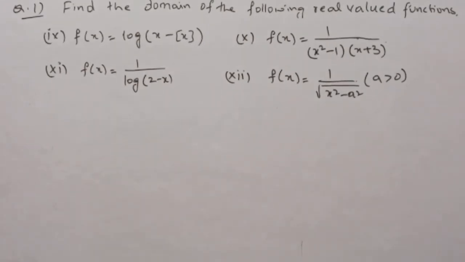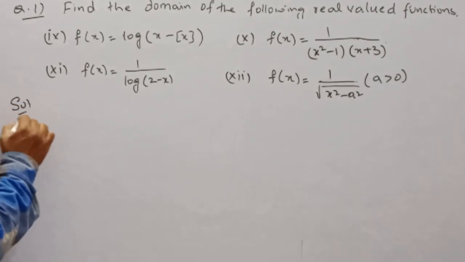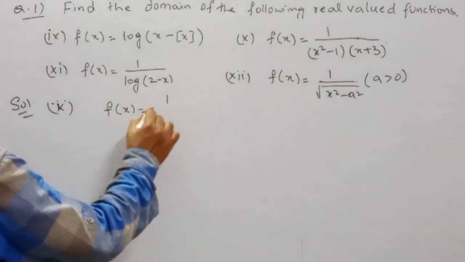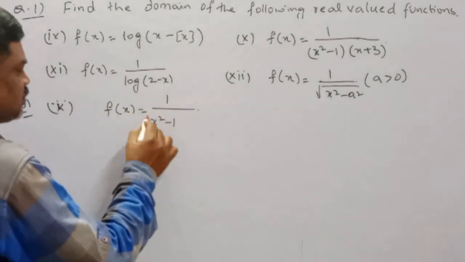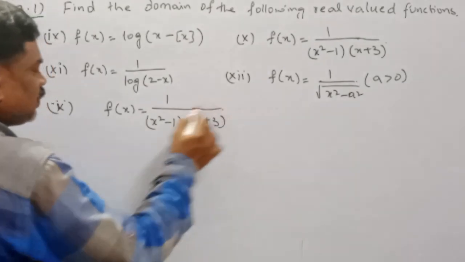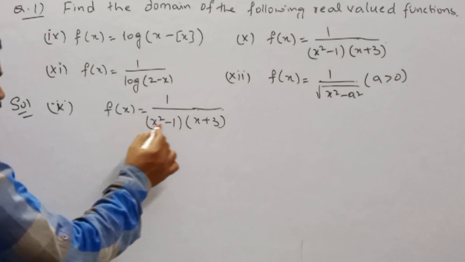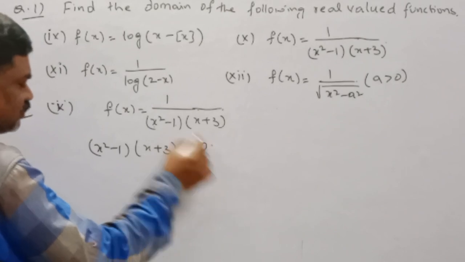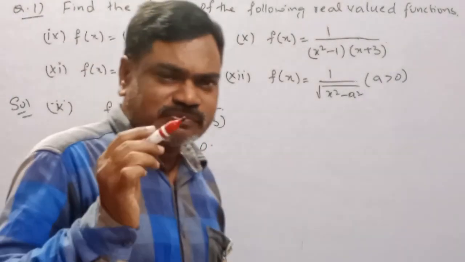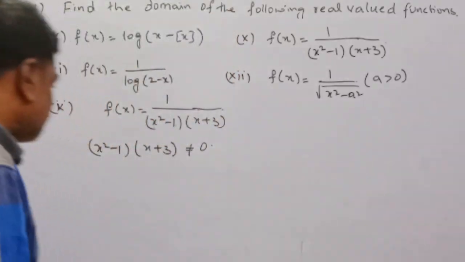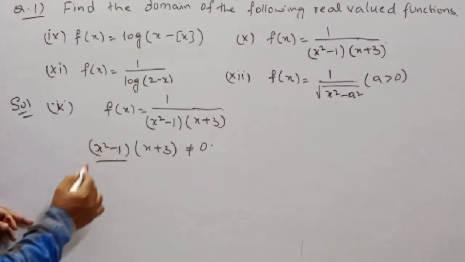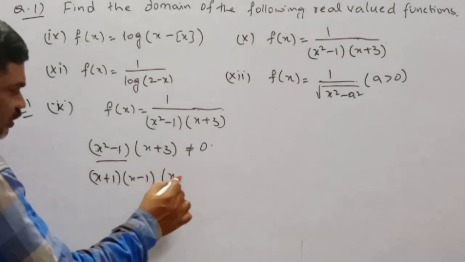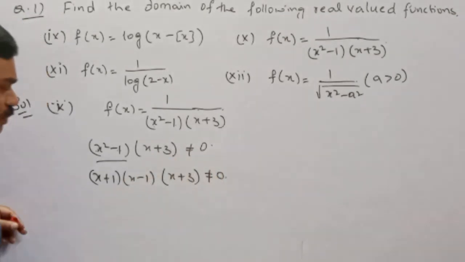So next problem, the 10th one. So the 10th one is what? F of x is equal to 1 by x square minus 1 into x plus 3. So here x square minus 1 into x plus 3 not equal to 0. This can be written as a square minus b square: x plus 1 into x minus 1 into x plus 3 not equal to 0.